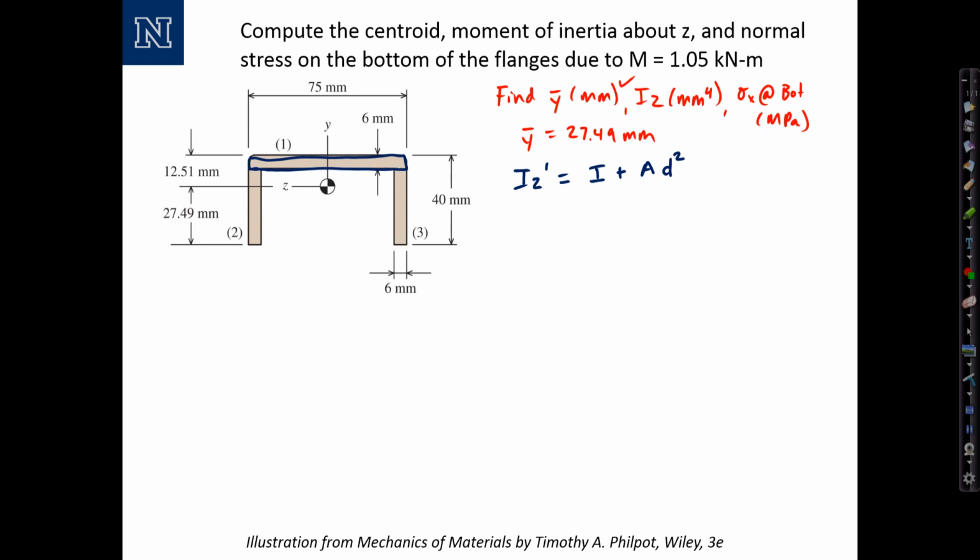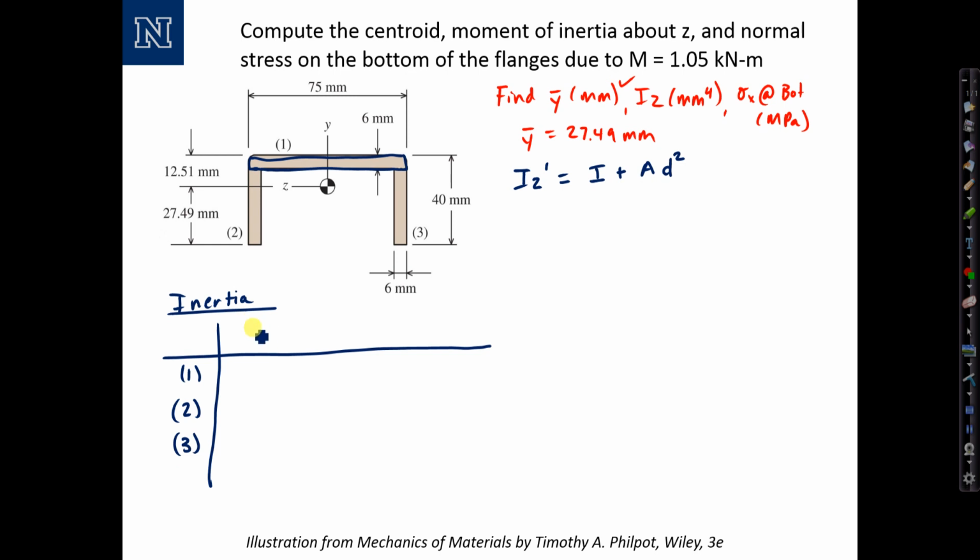The approach that we like to take for calculating moment of inertia is to summarize our calculations in a table. So we'll create a table in this case. We want to calculate for each section, so label them 1, 2, 3, the 1 being the web, 2 and 3 being the flanges on the side. For each section we want to calculate I, and the units are millimeters to the fourth.